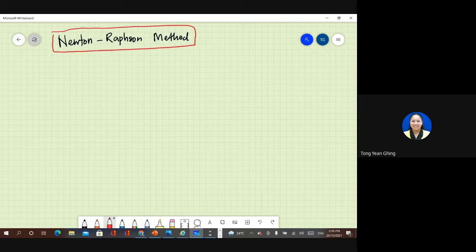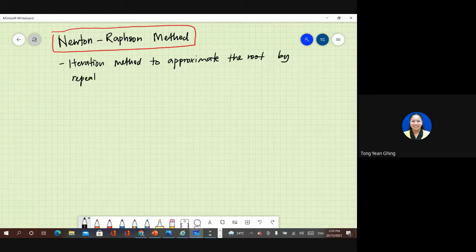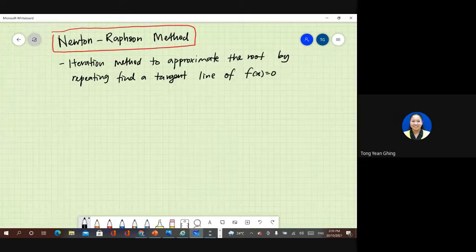Another iteration method to find the root, to approximate the root of a nonlinear equation by repeating the tangent line of f(x) equal to 0.